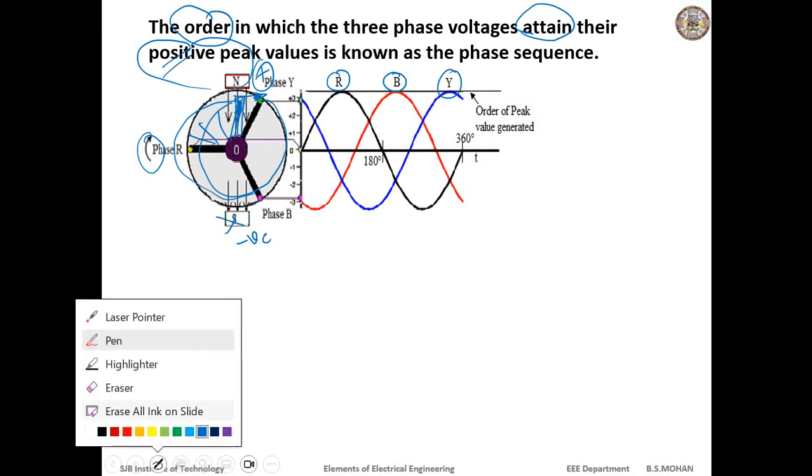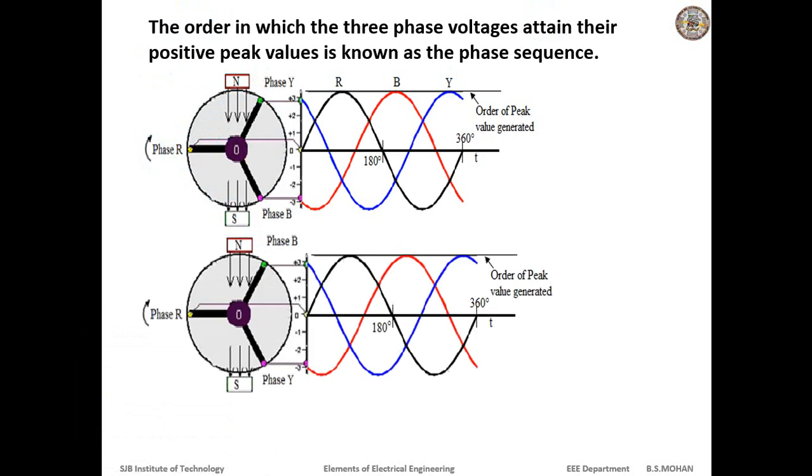Let's take another example. Now I want you to write down the phase sequence for this rotation and for these phases. According to the statement, it is the order in which they attain their positive peak, so concentrate on the north pole. Which conductor will have its force perpendicular to the north pole first?